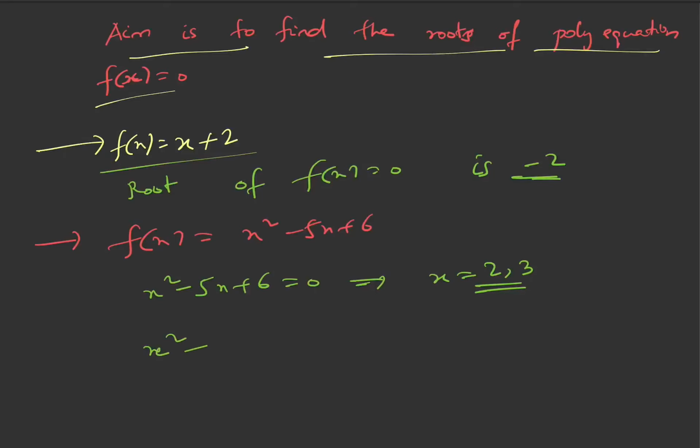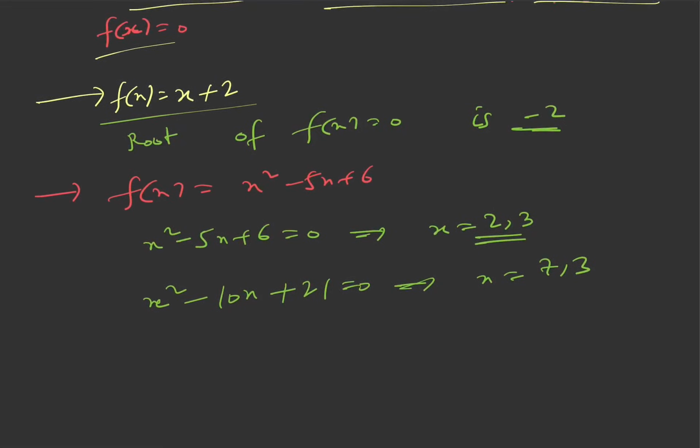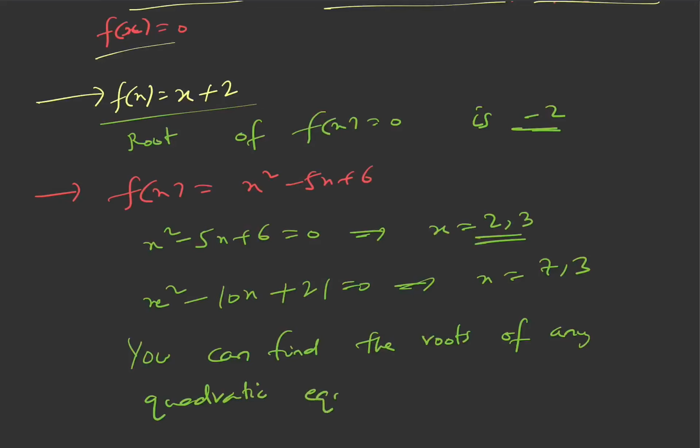If I give you x square minus say 10x plus 21 is equal to 0, then you can solve it. You will get x is equal to 7 and 3. And if I give you any quadratic equation, you can find its roots.